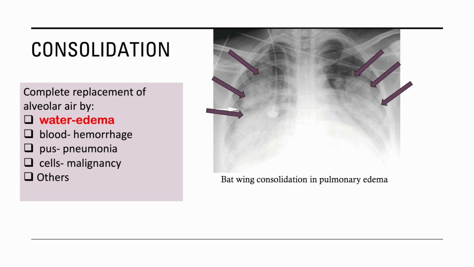Perihilar distribution is most often seen when there is rapid accumulation of fluid, because vascularity is greater in the perihilar region than in the periphery. Less commonly, this type of consolidation can also be seen in pulmonary hemorrhage, pneumonia, and inhalational lung injury.